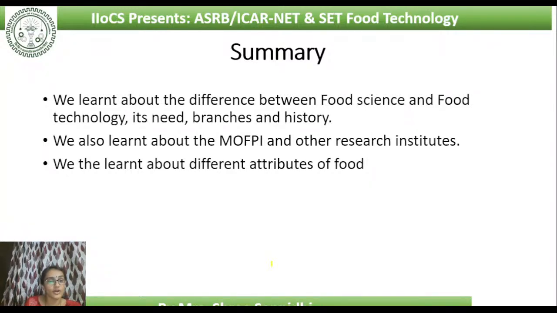Later we also learned about the MOFPI and its role, goals, and also about the other institutes. We also learned about different attributes of food, which involved sensory attributes, then flavor and appearance of the food.